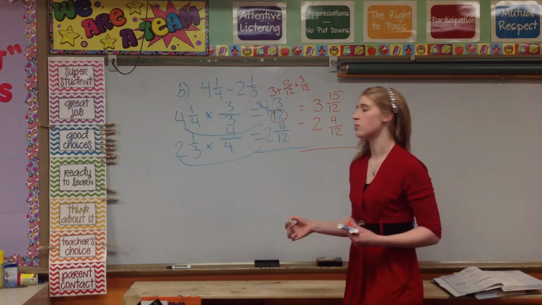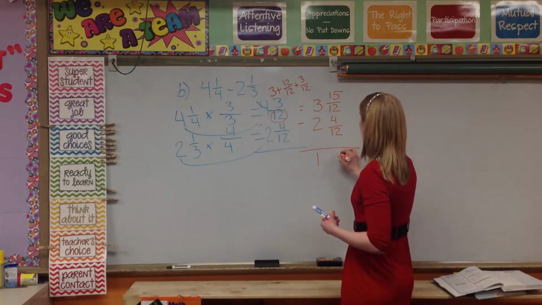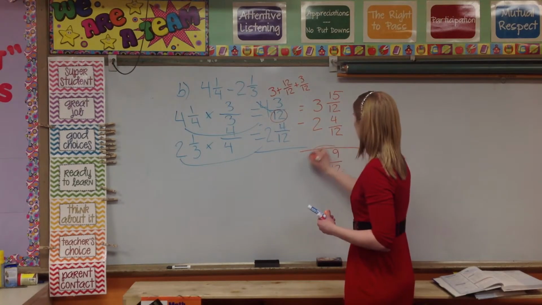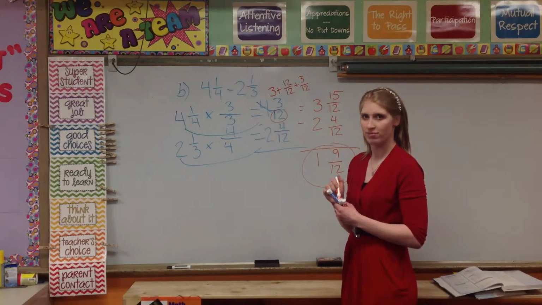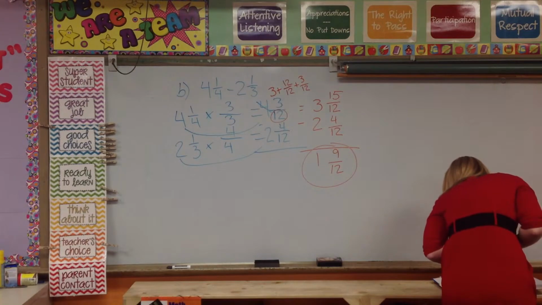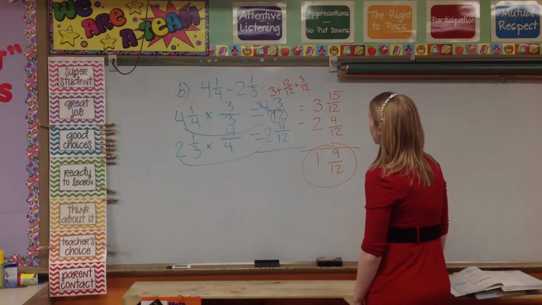And now I'm able to subtract. 3 minus 2 is 1. 15 minus 4 is 9. Put my 12 down there. And my answer is 1 9/12. That's not right.